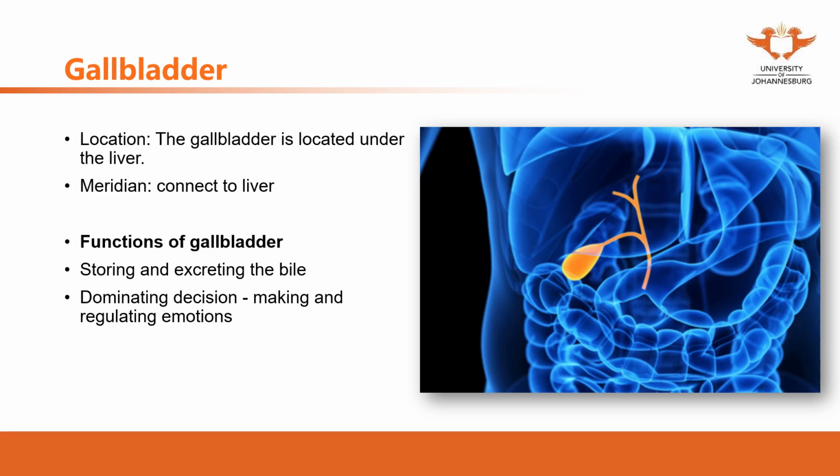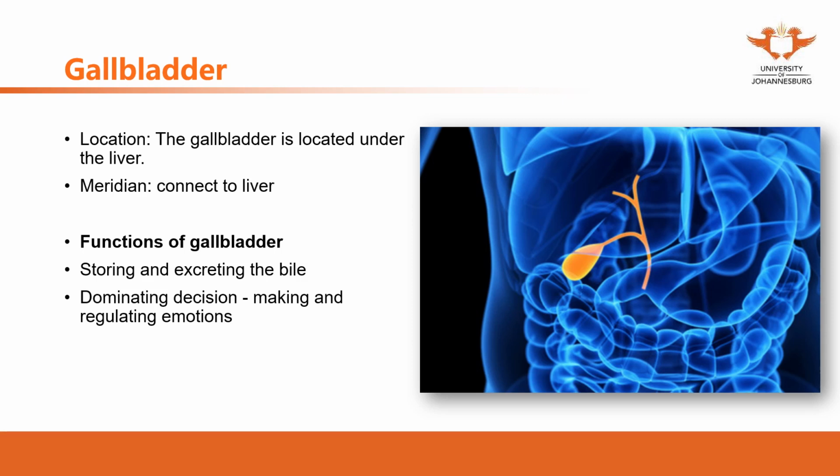The reason why the gallbladder is considered as both is because the gallbladder is hollowed inside, which is similar to the Fu organs. But the gallbladder stores the bile, and the bile is in liquid form, which can be considered as essence.